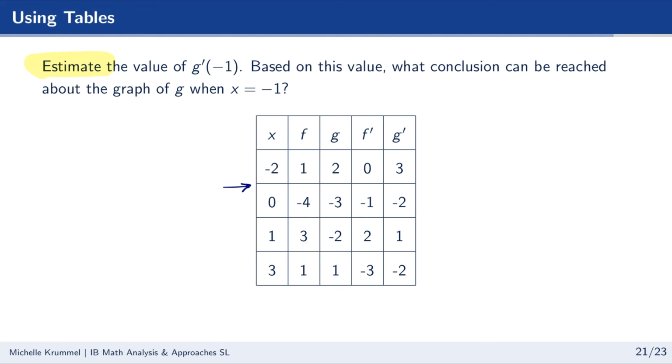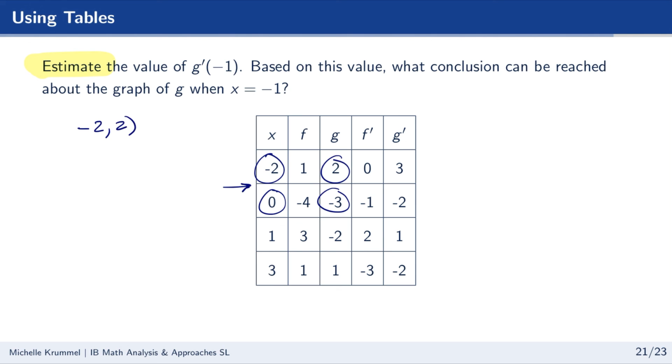So we can use a central difference here to approximate the derivative. We will use this x coordinate and this g y coordinate, right? Because if we're trying to estimate g prime, that's the slope of g, we want to use points on g to estimate the slope of g.